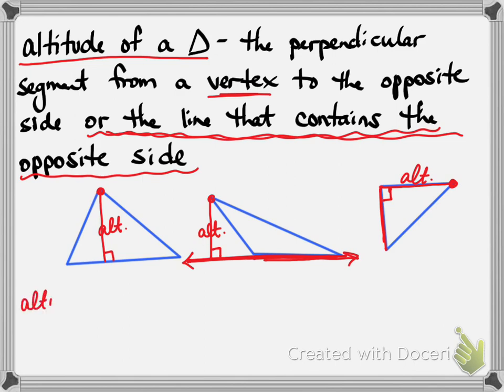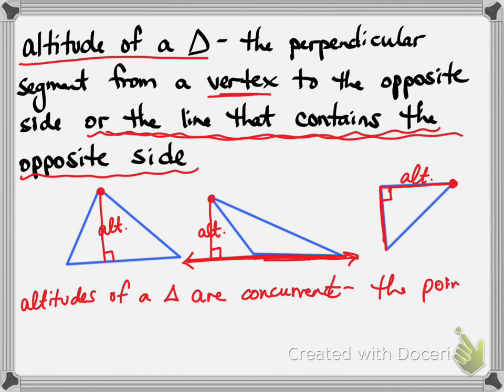The altitudes of a triangle are concurrent. The point of concurrency is called the orthocenter.